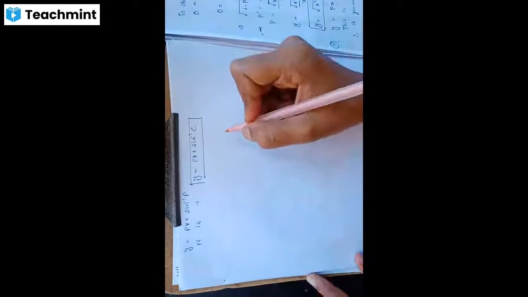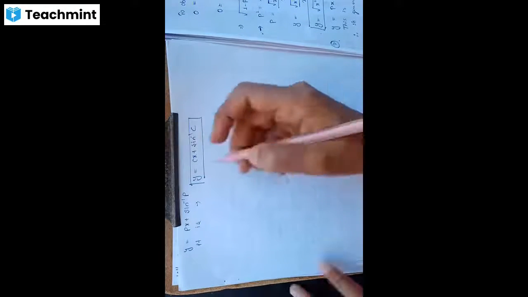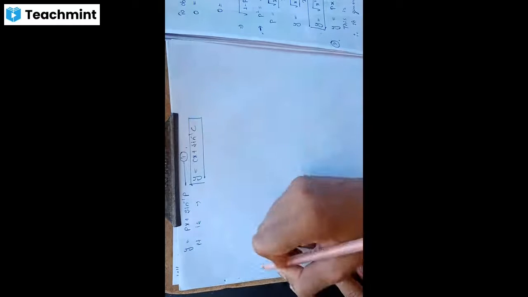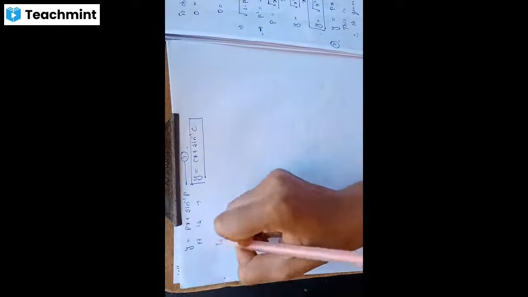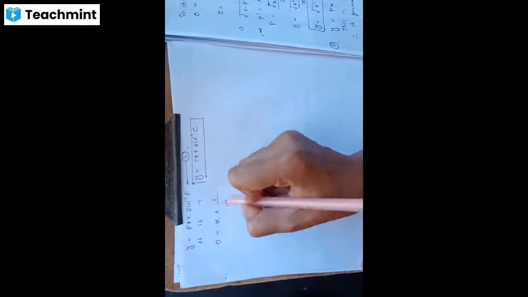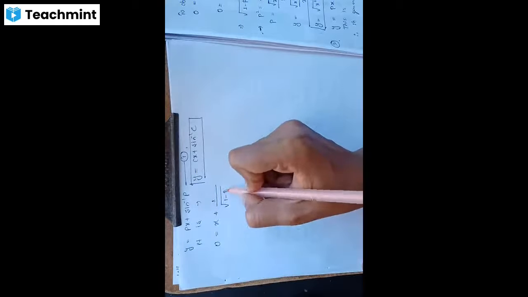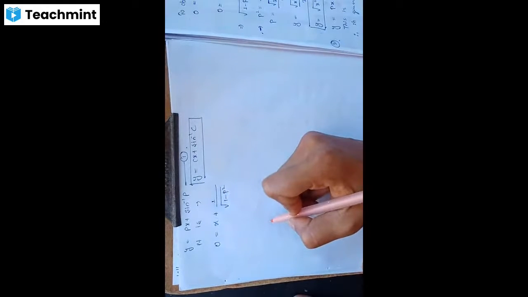So now to find the singular solution of the equation, we have to differentiate equation number 1. So how will we differentiate? 0 = x (since it's the constant) + the derivative of sin⁻¹(p), which is 1 by root(1 − p²).